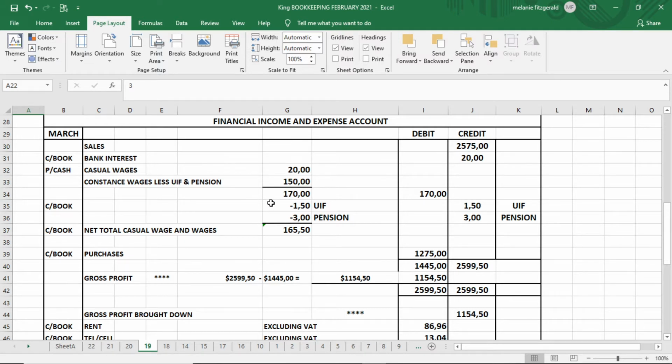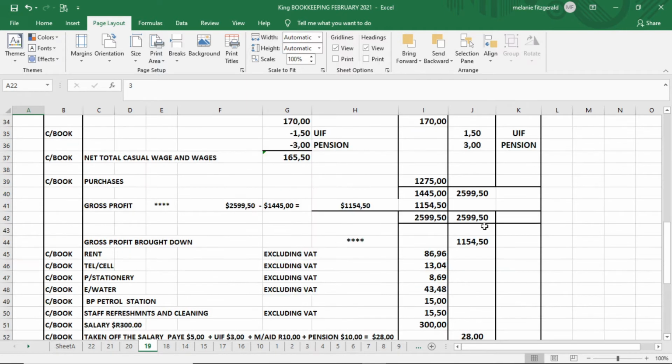That gives us a grand total of $170 minus the UIF and the pension $1.50 and $3 from that, and it gives us a net total of casual wages and wages of $165.50. As you'll see there, we put on the debit side the $170 wages and casual wages together, and on the credit side, the UIF and the pension contributions.